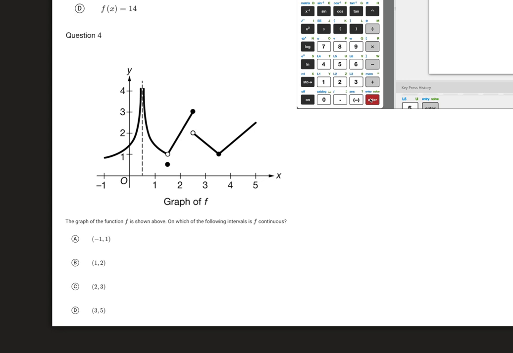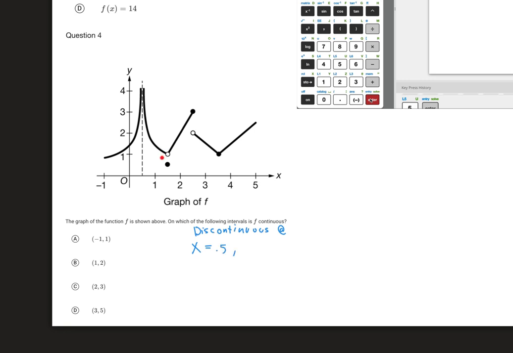So it looks like, here, there's a vertical asymptote, so an infinite discontinuity, and that's around 0.5 maybe. So I'm just collecting all the points of discontinuity. So discontinuous at x equals, let's say, about 0.5.